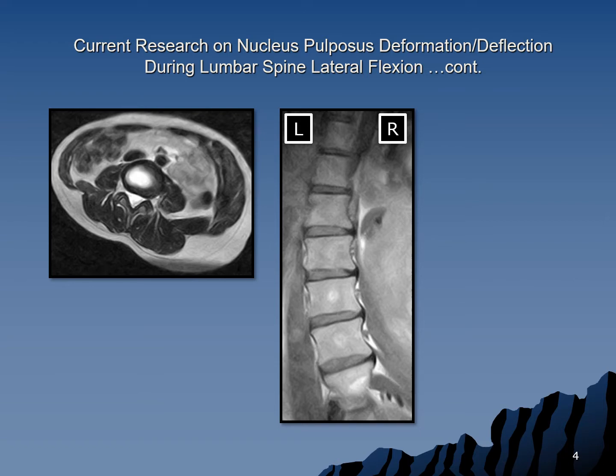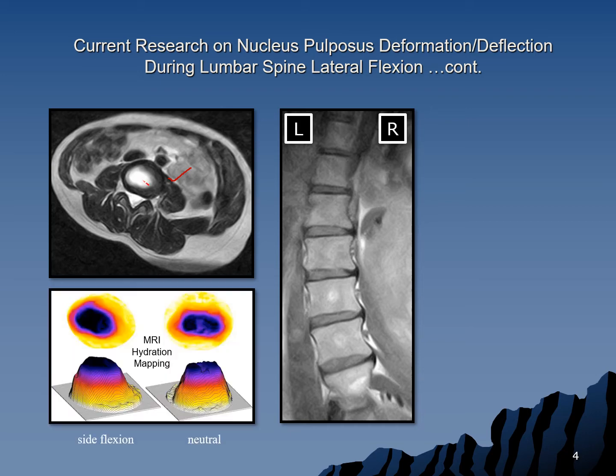All right, so to your right, we have an MRI image of the lumbar spine in lateral flexion. And to the left, right over here, this is a kind of fluid-based MRI image showing how the nucleus during right lateral flexion is actually displacing itself to the left.